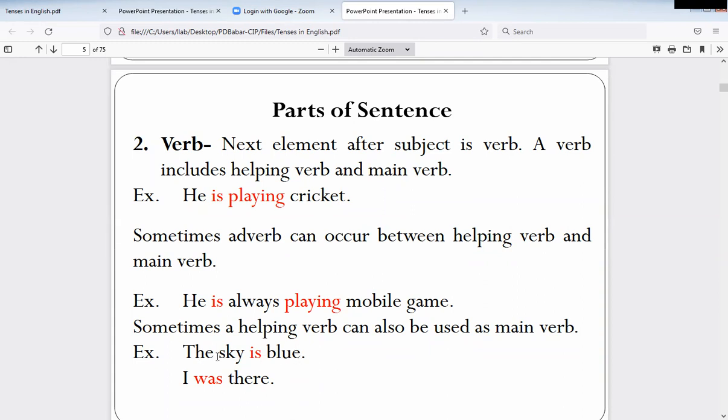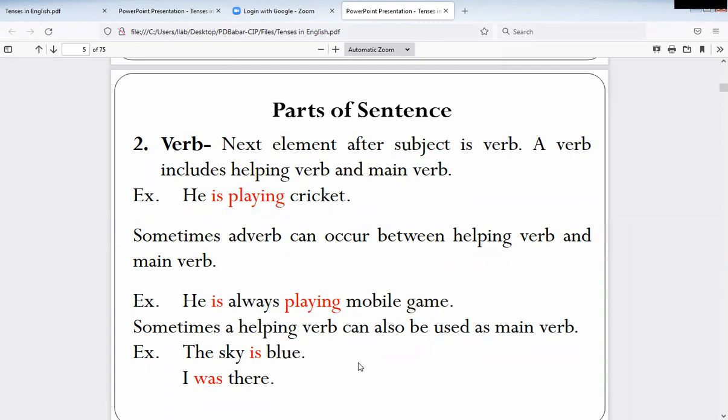If we ask a question starting with what, it won't answer any question. What is sky? We can't ask this question, and there is no object in this sentence. So, the sky is blue. In this example, the sky is the subject, is is the auxiliary verb, and blue is the complementary part.